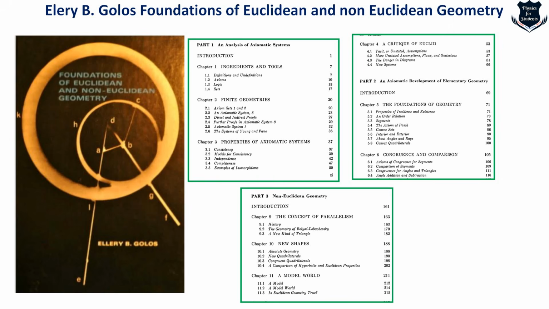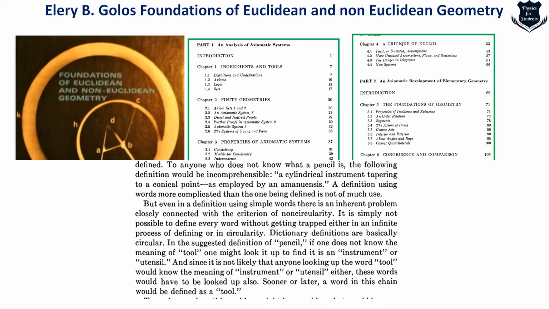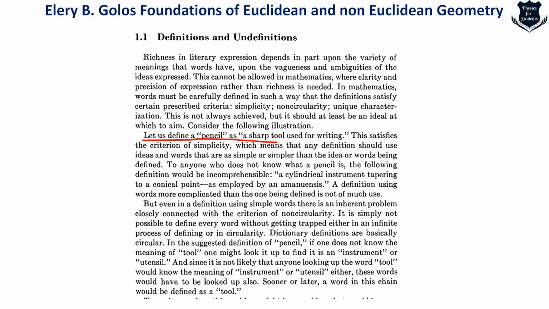What is very important and very subtle in understanding Golos' book is this one, which I am highlighting in red. It says, let us define a pencil as a sharp tool used for writing. This satisfies the criterion of simplicity, which means that any definition should use ideas and words that are simple or simpler than the ideas or words being defined.